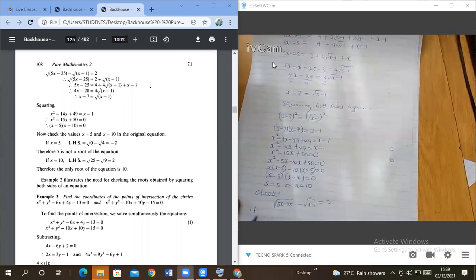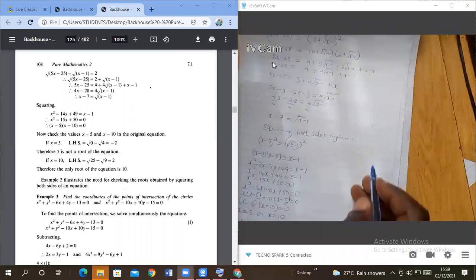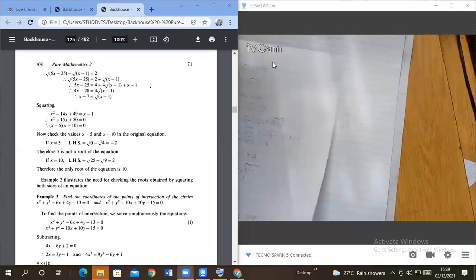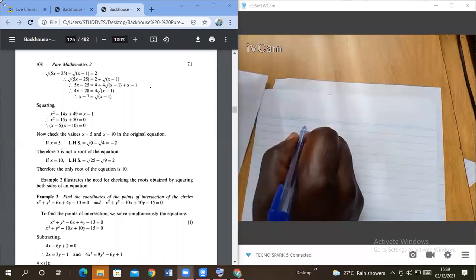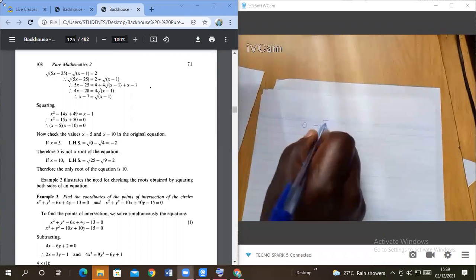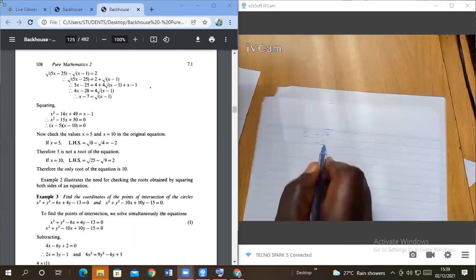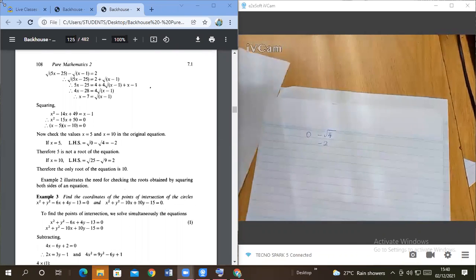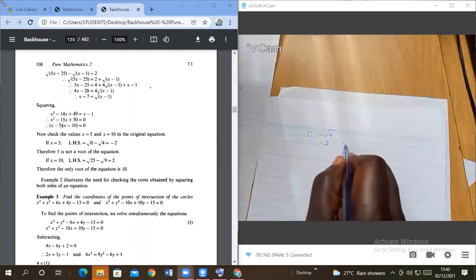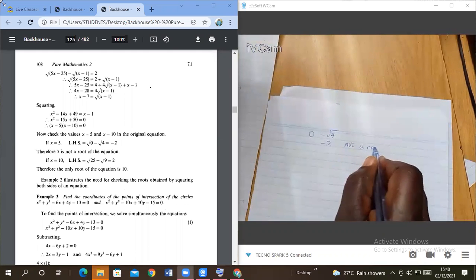So if x is 5, we shall have root of 25 minus 25 minus root of 5 minus 1, which gives us 0 minus root of 4. And this is negative 2. Is negative 2 the same as 2? No, it's wrong. It is not a root, meaning it doesn't satisfy.